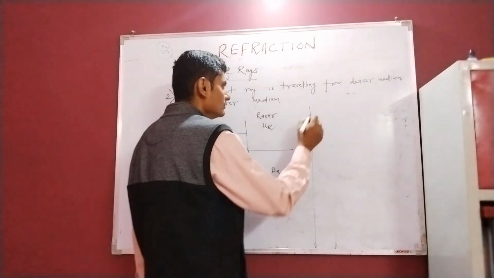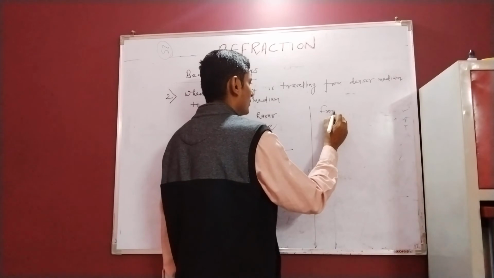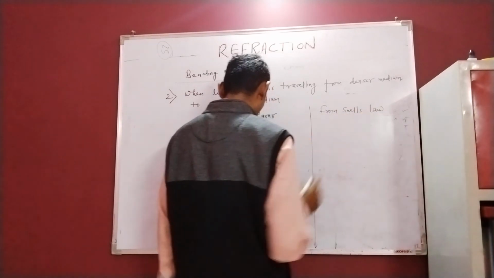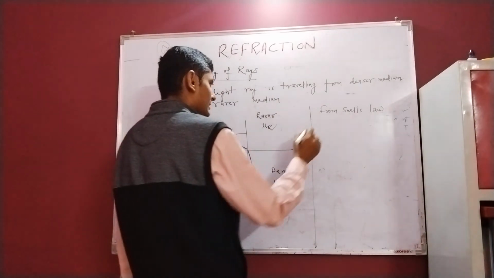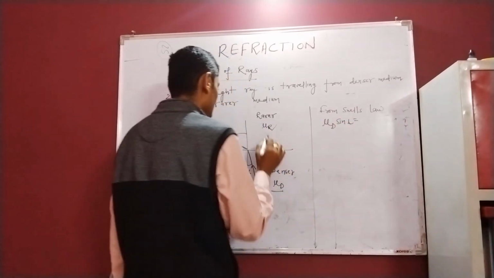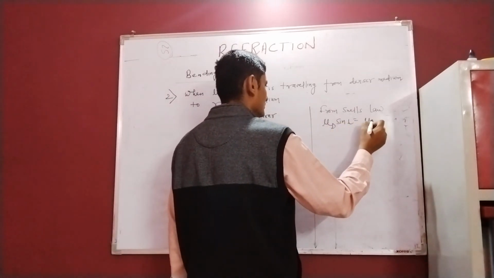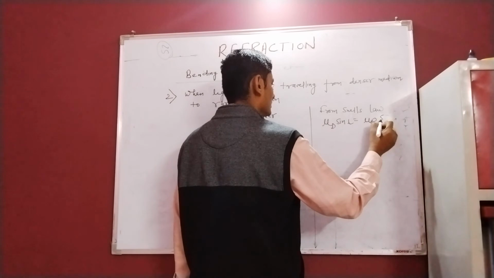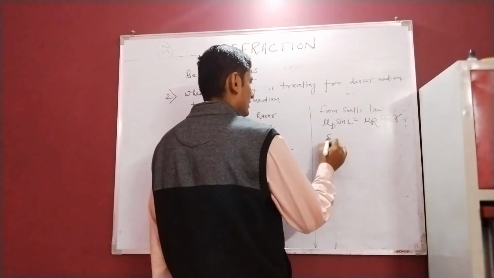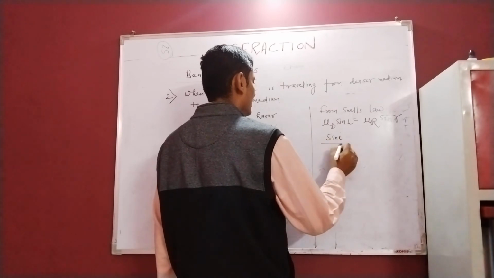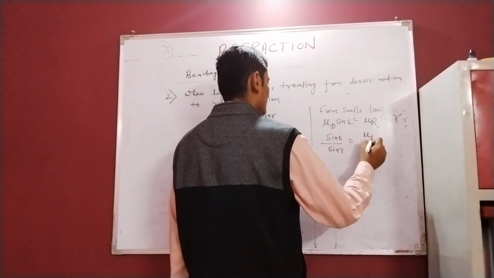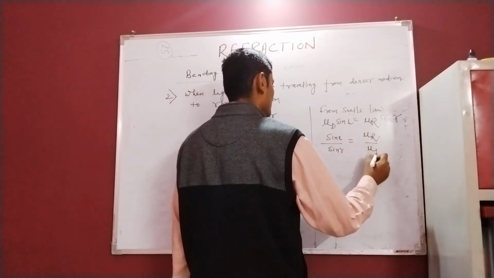Again from Snell's law, mu d sin I is equal to mu r sin R. So from here we can write sin I upon sin R is equal to mu r upon mu d.